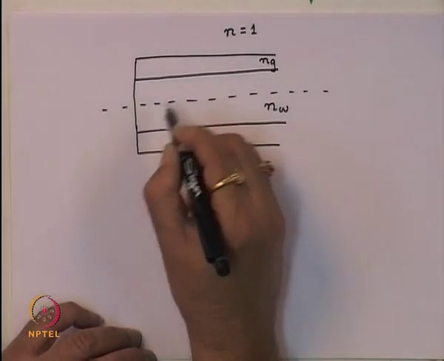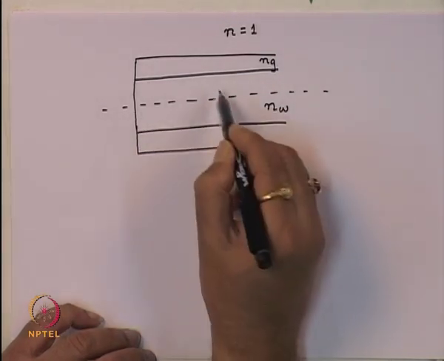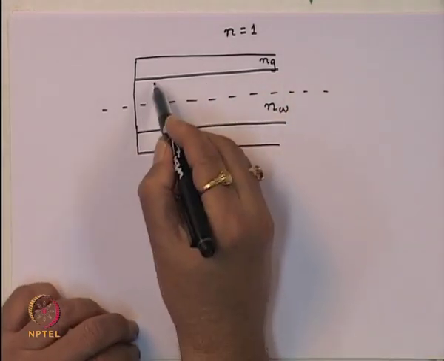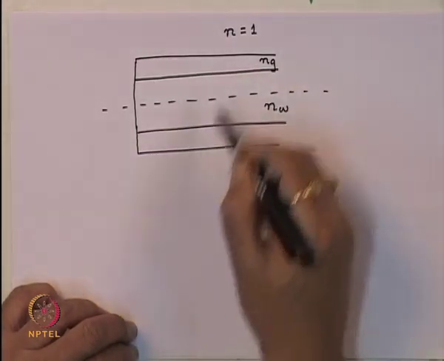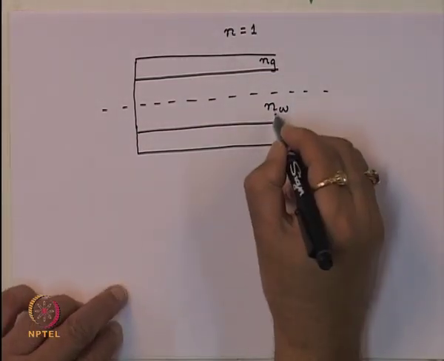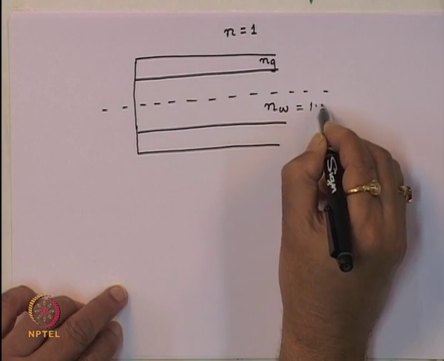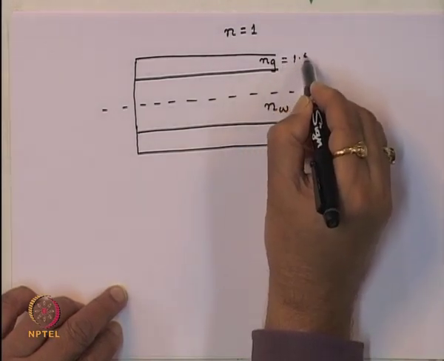Now, at first look, if I try to launch light inside this, the system will look as if you are having a core here, which is water, and a cladding, which is glass, and then a third medium, which is air. The water refractive index is 1.33, the glass refractive index is 1.5.